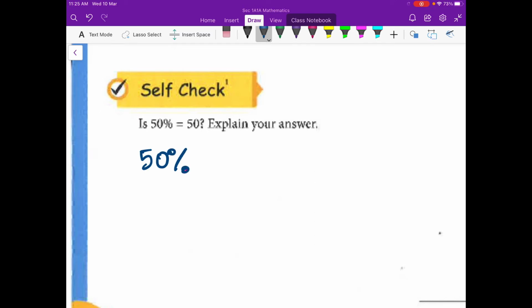How do you put 50% in your calculator? Shift answer? Oh, you mean this percentage symbol?